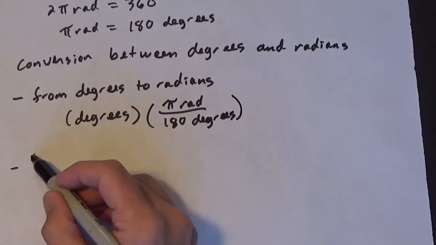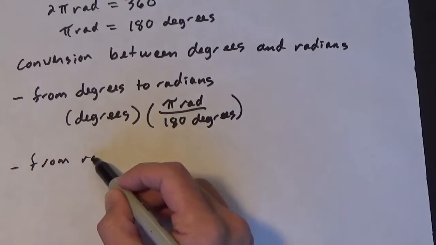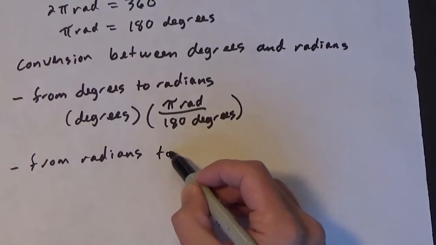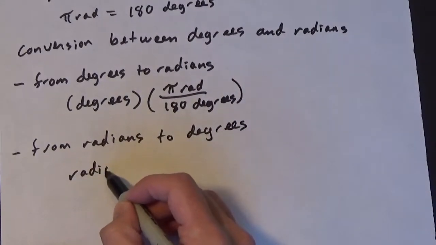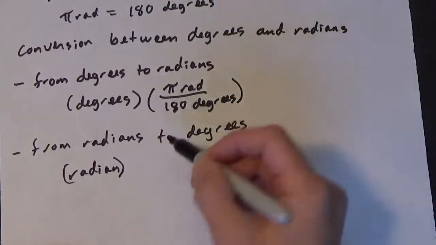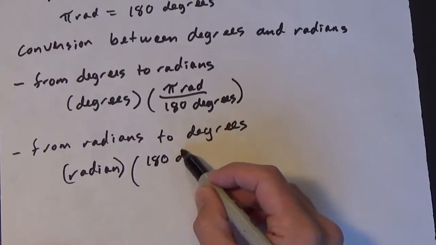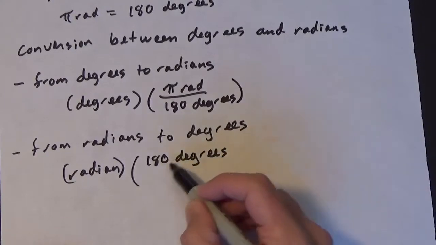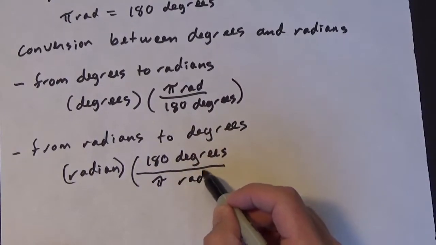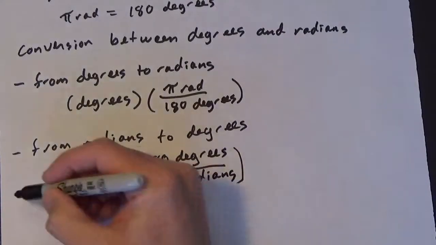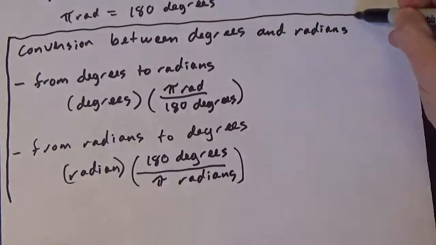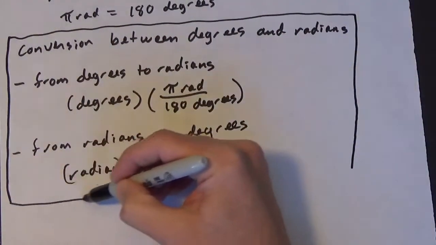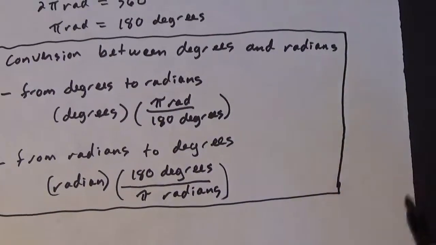If we want to go from radians to degrees, we take our radian measure and of course do the opposite: we multiply by 180 degrees over pi radians. That's a big thing here, so I'll even box this whole thing. Okay, so there's our conversion between degrees and radians.